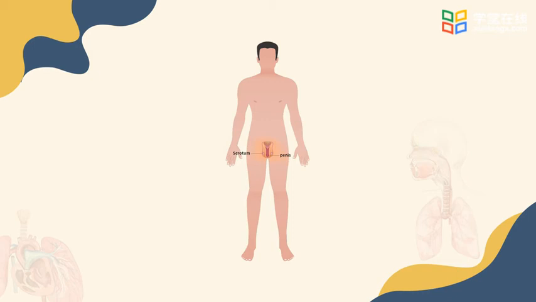For example, testosterone stimulates the growth of facial and body hair, so a man has a beard. It maintains the muscle mass and strength, so men are usually more muscular and stronger than women. The voice also deepens due to the changing larynx and vocal folds.